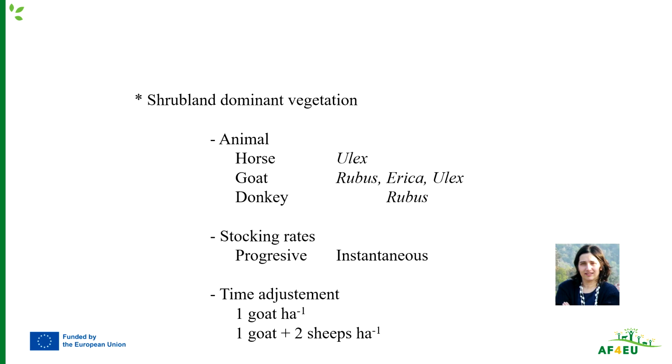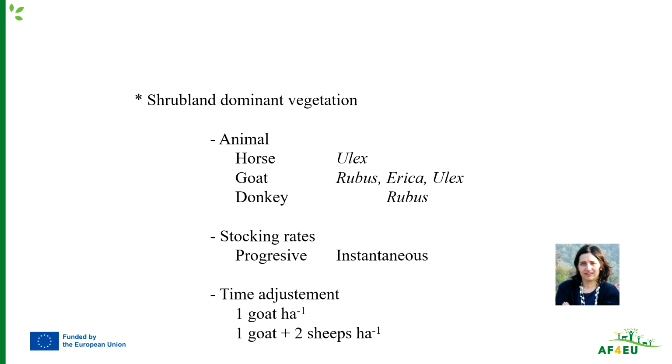A stocking rate can be progressive, meaning that you establish a stocking rate that reduces over time, with consumers eating the vegetation that is there in a continuous way, or instantaneous. You can put a high stocking rate and things are reduced strongly, and afterwards rotate to another plot to facilitate the growth of this area.